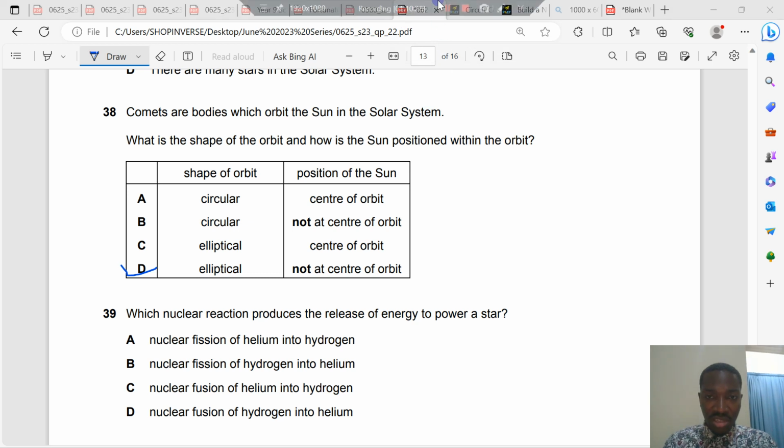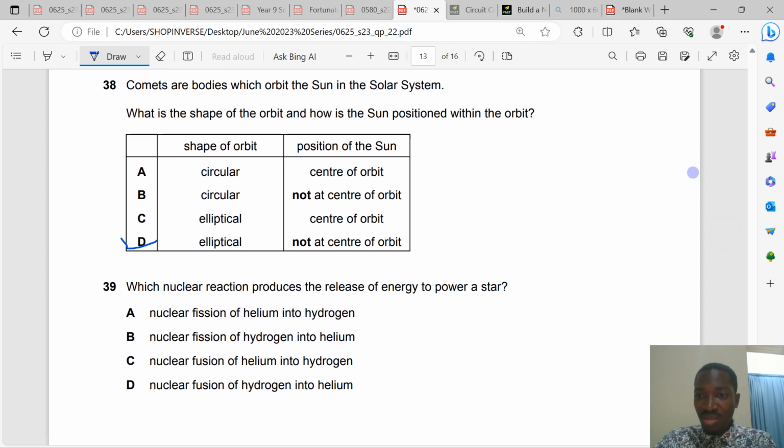Question 39 says, which nuclear reaction produces the release of energy to power a star? Yes, that is exactly what is happening in the sun. We have two smaller nuclei coming together to form a heavier nucleus. And what are those smaller nuclei? Those are hydrogen atoms, okay? Deuterium and tritium coming together to form helium, okay?